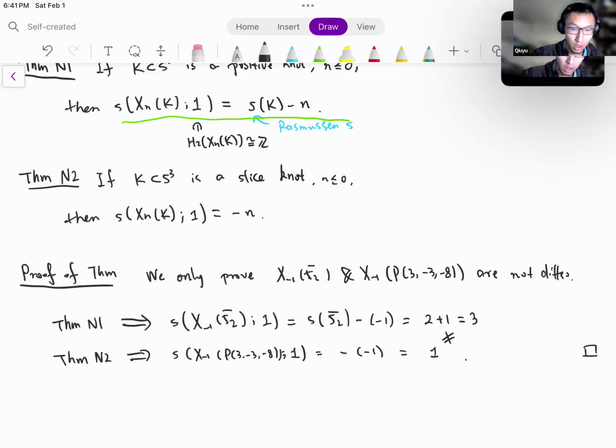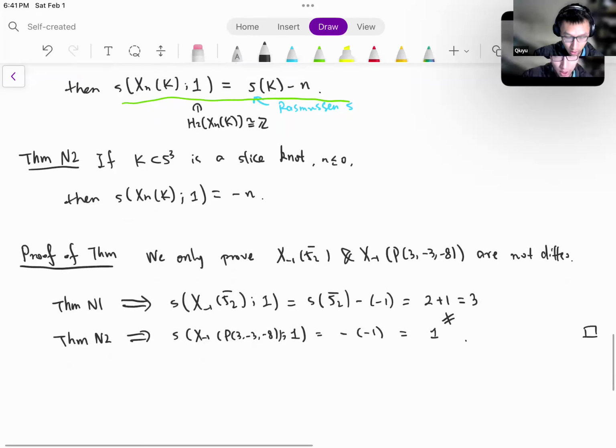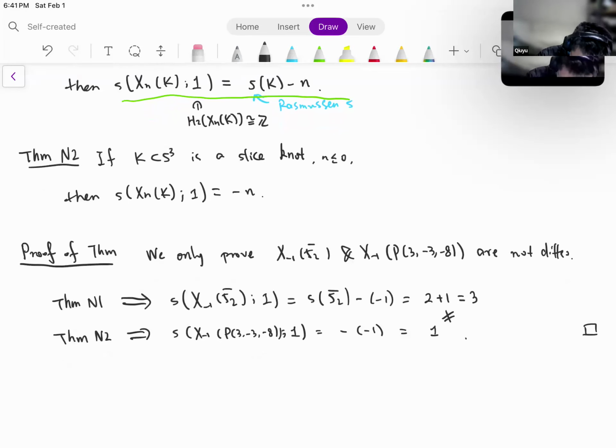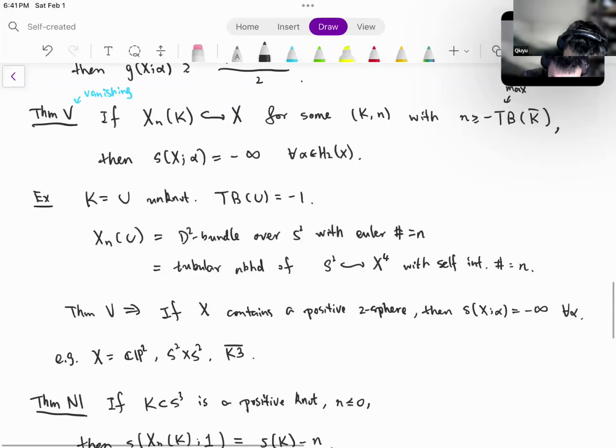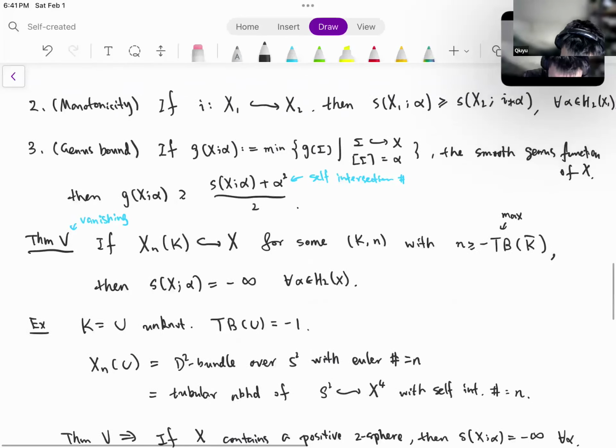And I think I can quickly give you a second proof of the same result using something else I said. Alternative proof. So by this genus bound result, maybe I'll copy this formula down here.